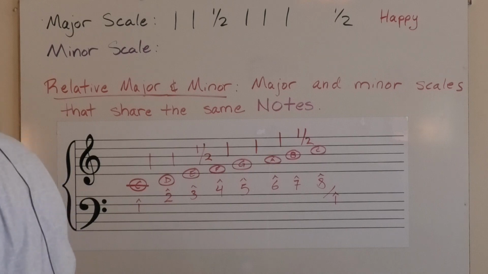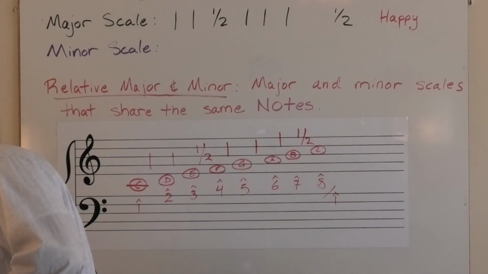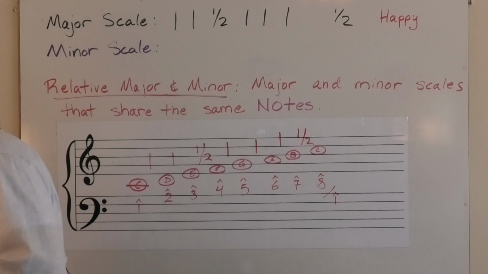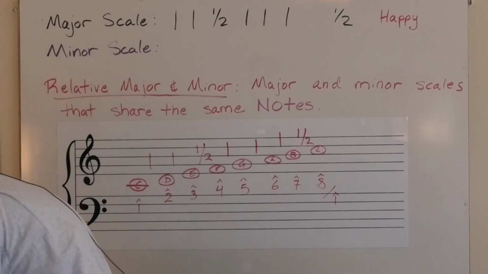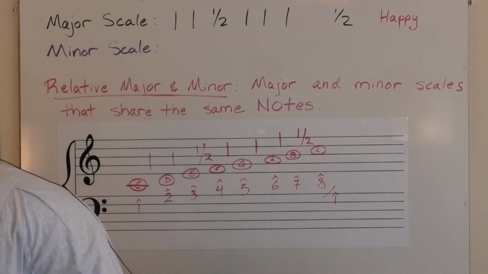Now, let's change this. Let's say we have C major, which is all white keys, and we change it to C minor. Well, I'm still in the key of C. I've just changed a couple of notes. So we can play Twinkle Twinkle Little Star in C major and then in C minor.